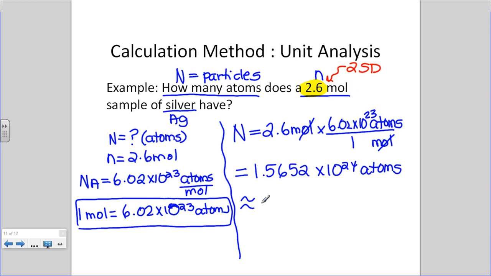So I keep the 1, but I have to decide, do I keep the 5 as a 5 or do I round it up to a 6? When I look to its neighbor, 6 is larger than 5, so I know this has to be rounded up. So it's going to be 1.6 times 10 to the 24 atoms. And that's my final answer with the correct number of significant digits.